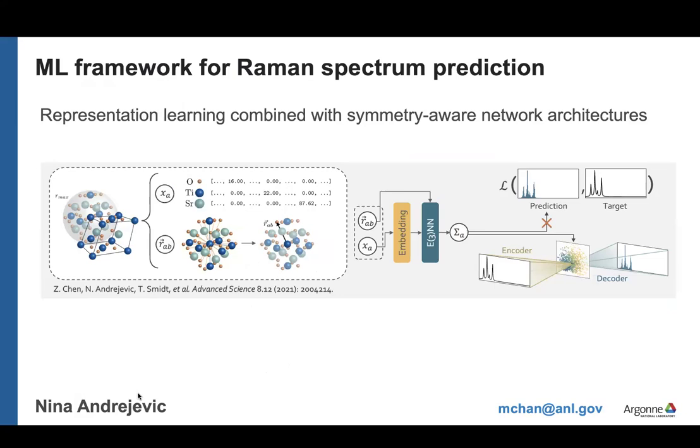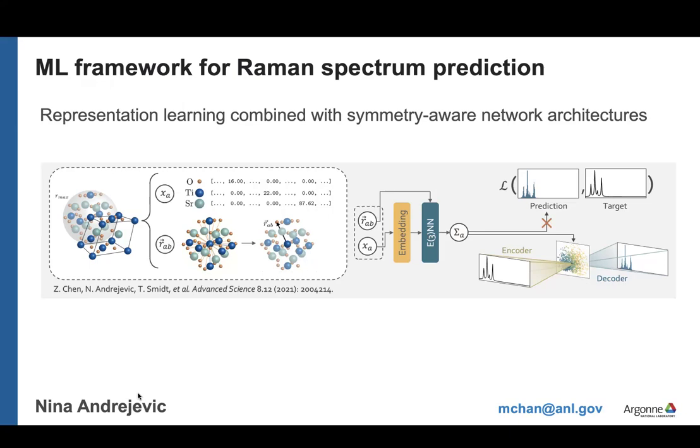Sometimes it's not the accuracy or the realism, but the computational cost. Such is the case for Raman spectroscopy. Raman spectroscopy is widely used to determine the structure of molecules and surfaces and bulk material. It's very painful for anyone who does DFT. They would know you have to do a phonon calculation, which is much more expensive already than a typical ground state calculation.